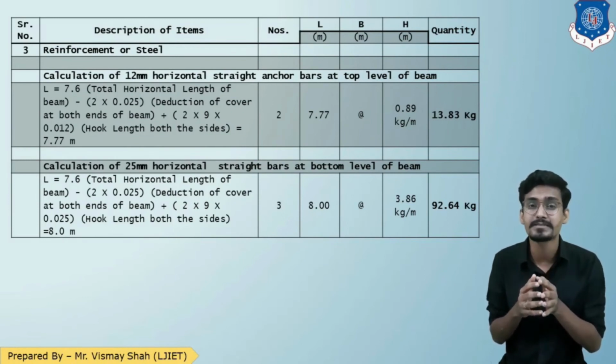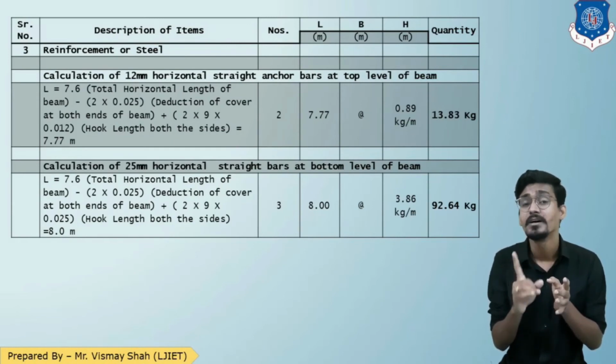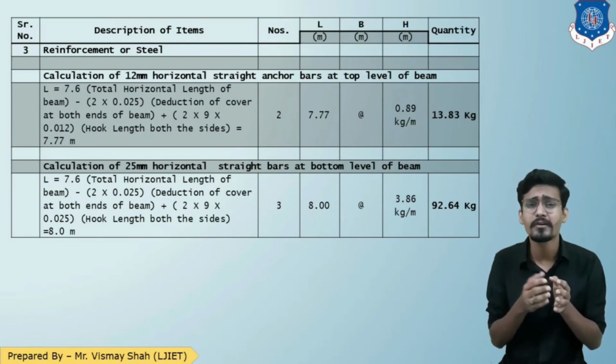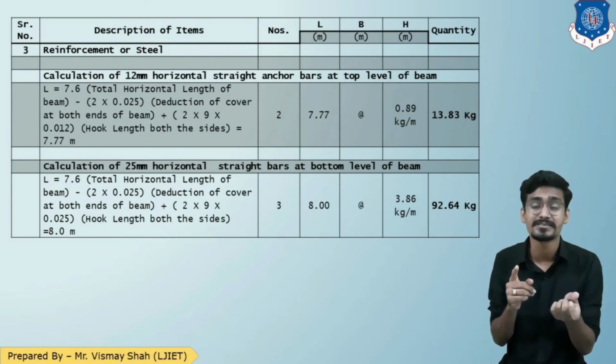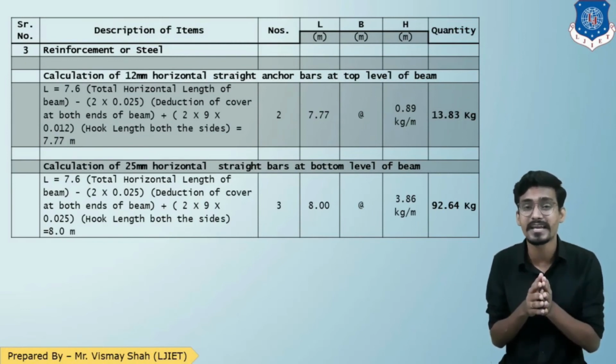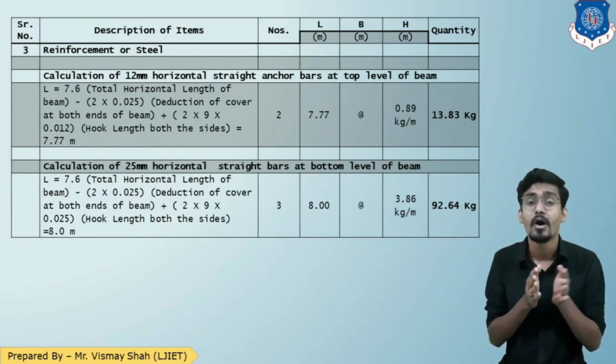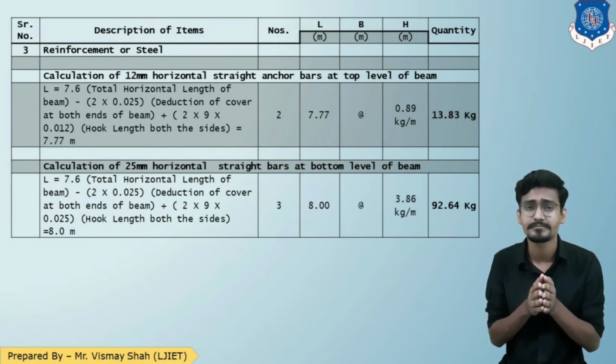So 12 square by 162 is 0.89 kg per meter. Now I have the weight of 12 mm bar per meter, 0.89, I have the length and the numbers. So I multiply all these and get the weight of the horizontal 12 mm bar as 13.83 kg. I hope we are clear about this.